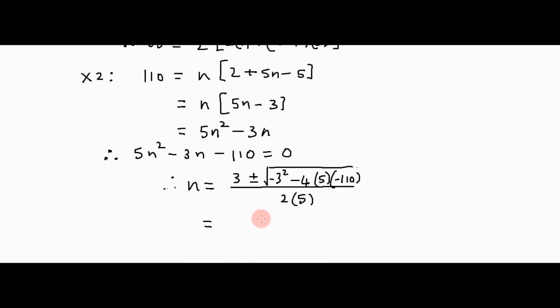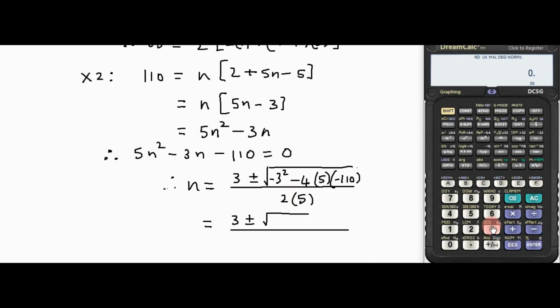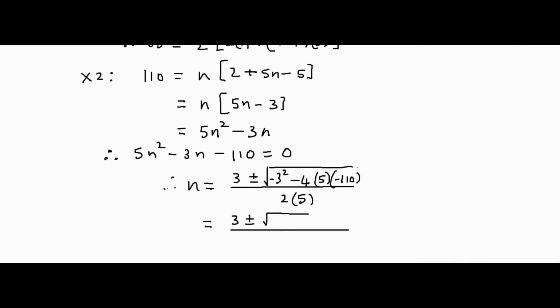Let's evaluate first under the square root. So let's see what it comes to. And it's 2,209 under the square root. This is all over 10.